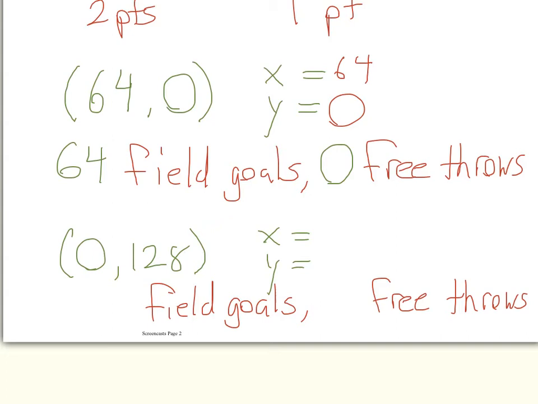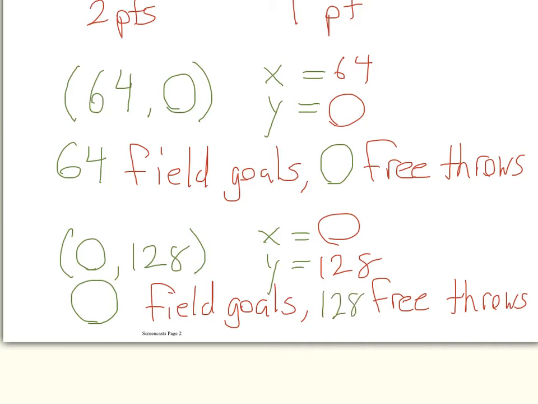Now, the y-intercept, let's interpret that. Well, 0, comma 128 means x is 0 and y is 128. And going back to the context of this problem, in order for a 128-point scoring game to occur, another possibility, albeit an extremely far-fetched one, if you know basketball, and many of you do, would be that the team scored absolutely 0 field goals and they scored 128 free throws.